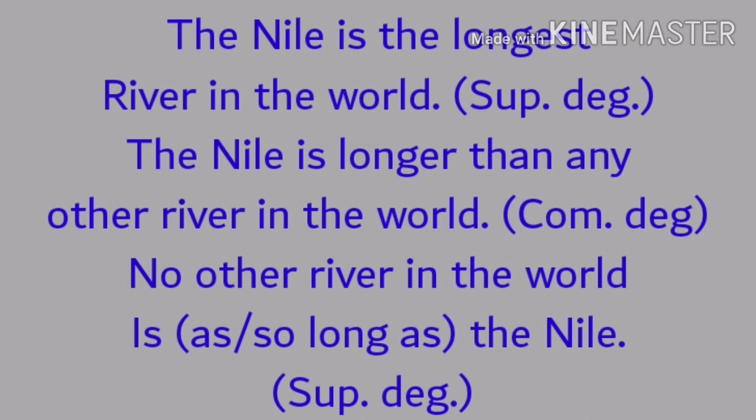So we got the subject. And then we borrow the verb, that is. No other river in the world is. And then we write the positive degree in between as, or so as. So no other river in the world is as long as or so long as, subject, the Nile.